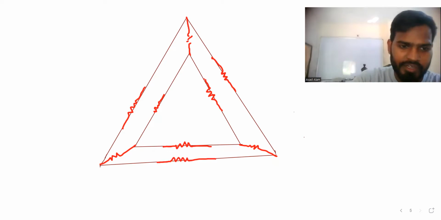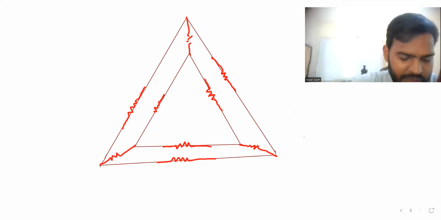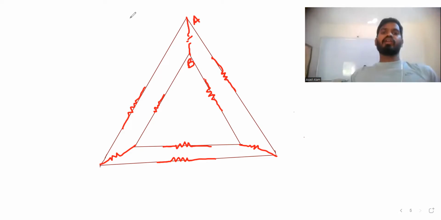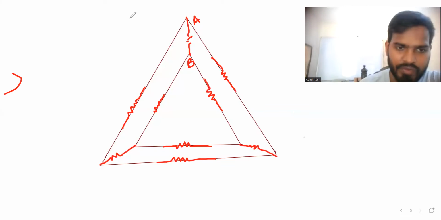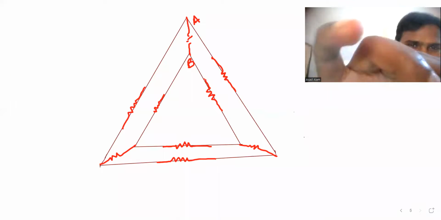One more resistance here. Fine. We are supposed to find the equivalent resistance between A and B. It's not looking good. Fine. Anyway, doesn't matter.